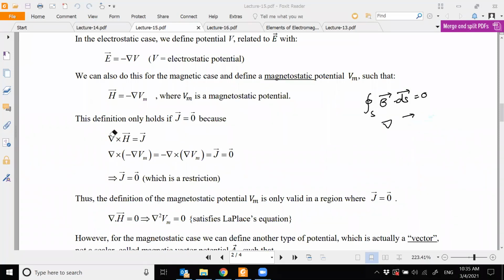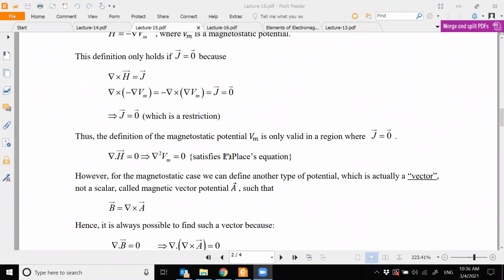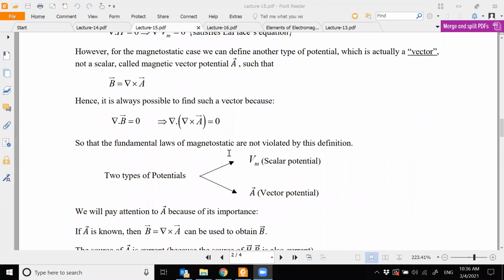So therefore, now we go to another method, a more generalized method. Rather than working with restricted conditions, we define the magnetic potential as a vector quantity, not a scalar, because we have just seen that a scalar restricts us to J equal to 0.